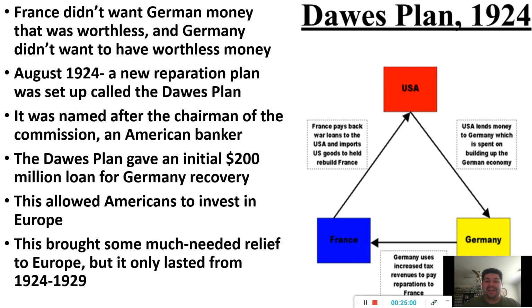And if they're making money, that means people are going to get jobs, people can have money, people can spend, people can rebuild, the government will get money, the government can rebuild, the government can help out their citizens, and things are just going to get better. But this only lasted about 5 years, from 1924 to 1929, because something happens in October 1929, and it's something that Europeans don't see coming really.